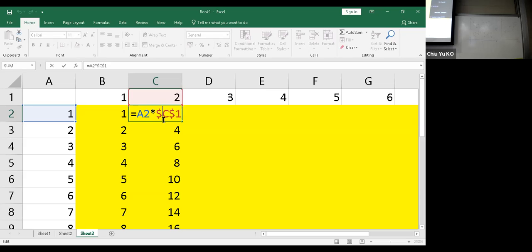Excel is clever, it has learned. Okay, so now maybe I can tell you how to do it quickly.